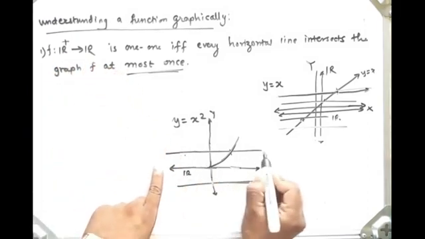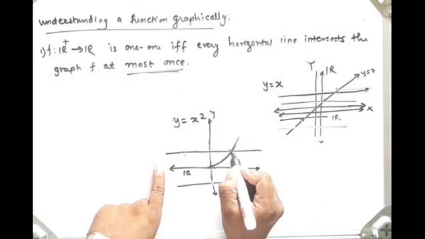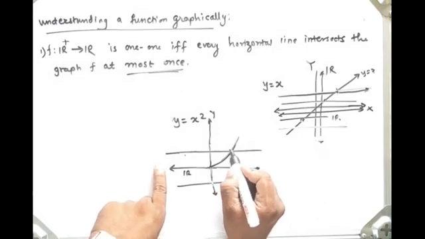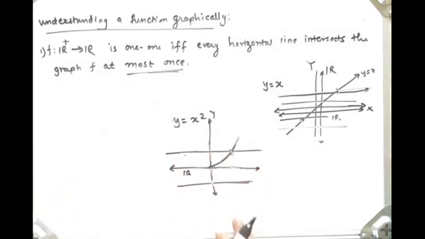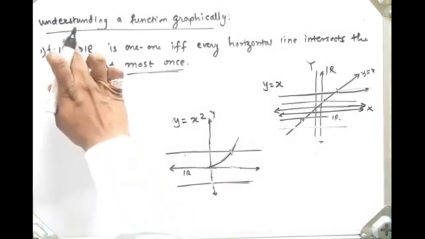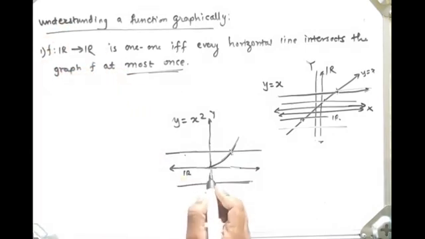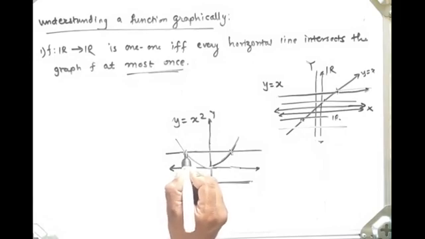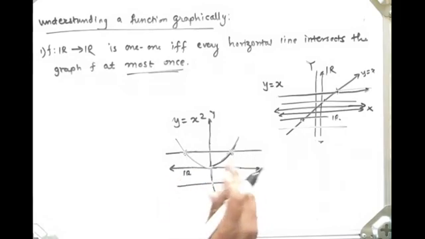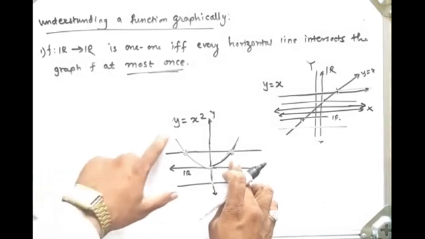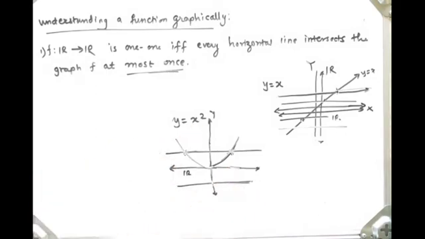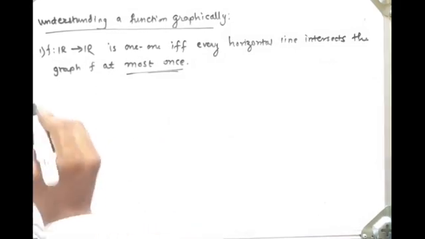If I draw the horizontal line, the graph cuts a single point, then we say that y is equal to x square is one-one function. But here, R to R, the graph is like this, so the horizontal line cuts at two points, therefore the function y is equal to x square is not one-one function.